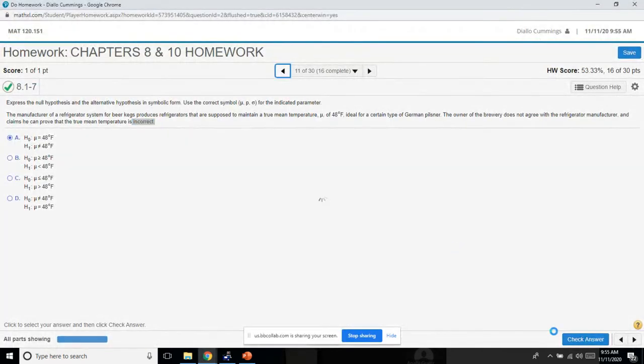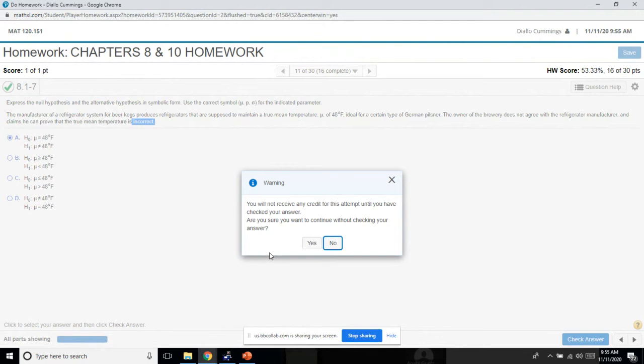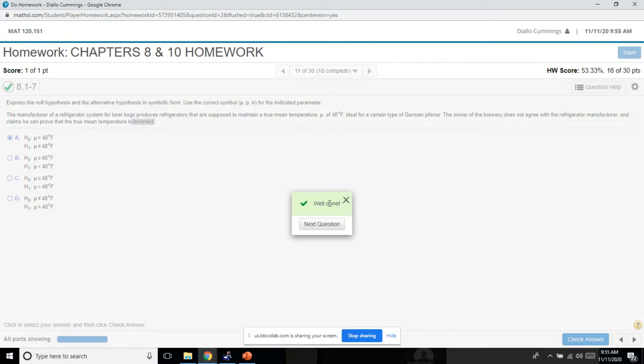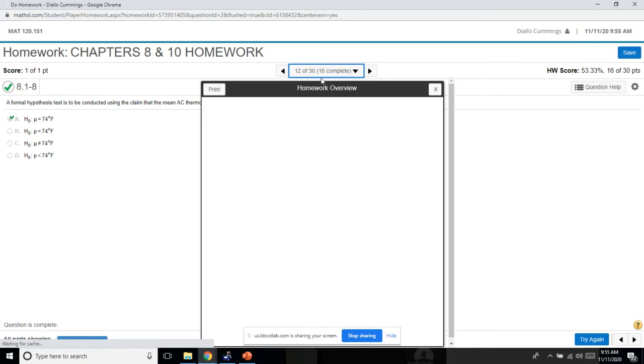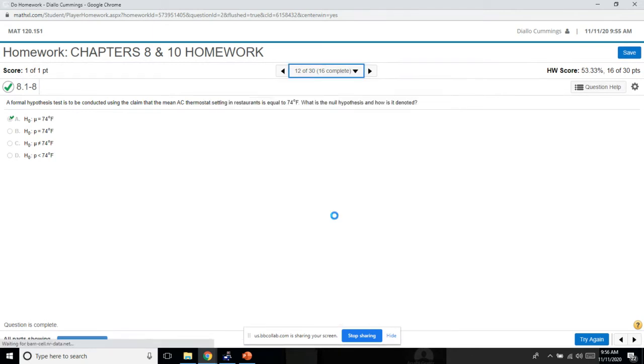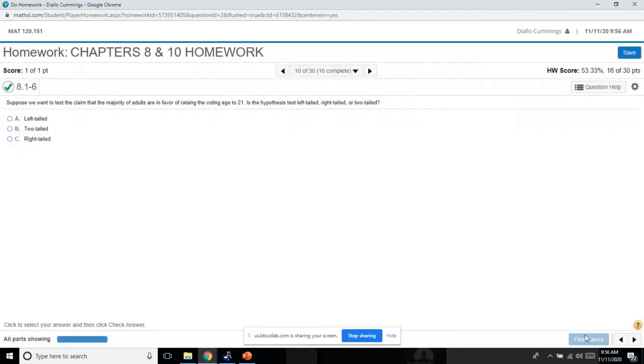So now I'm going to bring up problem number 10. In problem number 10, we're asked to determine the test: if it's a left tail, a right tail, or a two-tail.